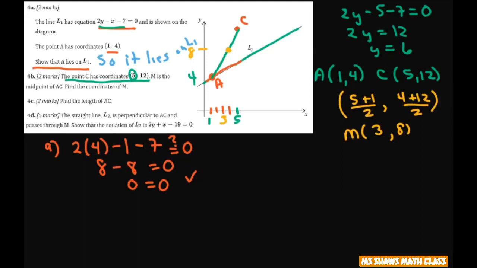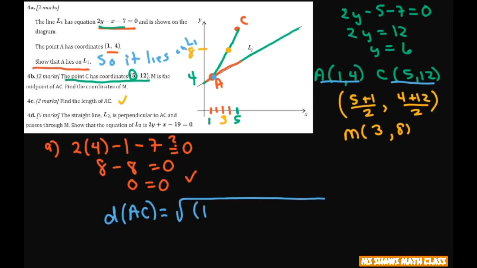Okay? Find the length of AC. For AC, we're going to do the distance formula. So we have A and C. You subtract your x's, square, subtract your y's, and square.